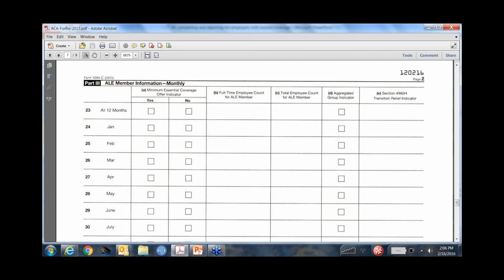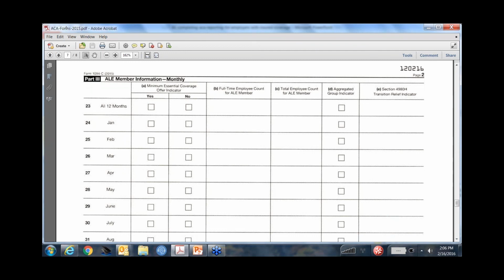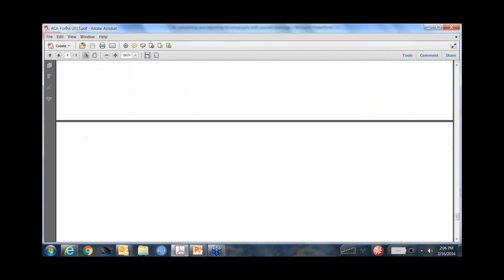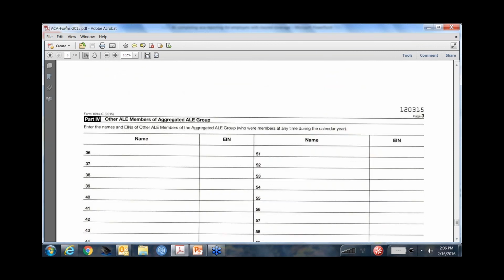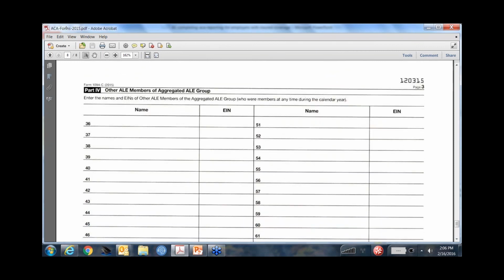And then in column E, you have to put a code in there. One code is for if you're between 50 and 99, and another code is for over 100. I will indicate to you in the next few minutes what that code is. And then in Part 4, if you're a member of a control group and you indicated you were, you have to list all other members of the control group in Part 4.